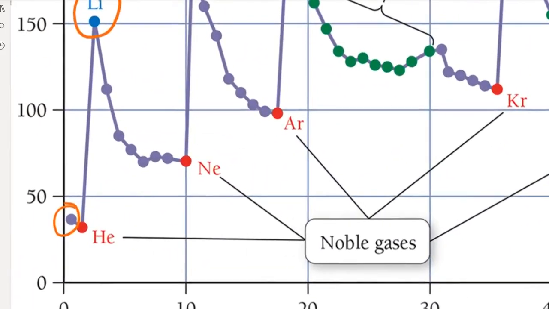You'll notice that as we move across, this is lithium, beryllium, boron, carbon, nitrogen, oxygen, fluorine, and neon, right? Why is it that oxygen and fluorine have a larger radius than nitrogen? So let's take a look at that real quick.